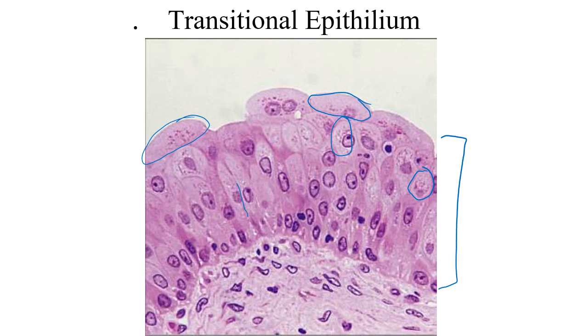And then we also have cells that are columnar. And so transitional epithelium exhibits all 3 cell types. And what it allows it to do is to go from this beginning thickness to then shrink down and stretch out as it loses its thickness and gets stretched out, which is where we find it in places like the urinary bladder or the ureters.